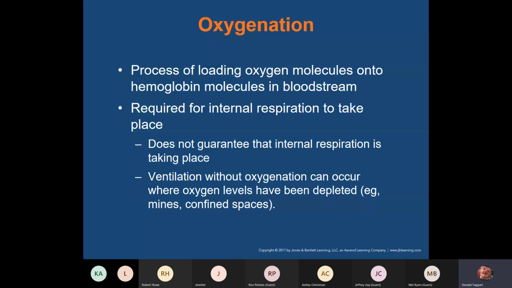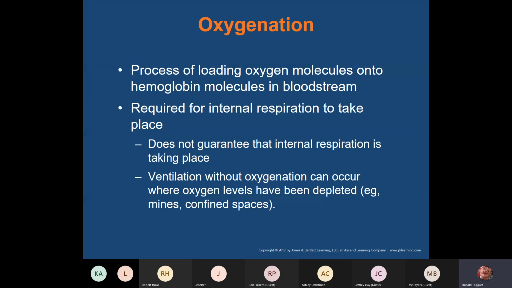I thought that's respiration. Well, at that end, we're trying to oxygenate the cells. And like some of you guys mentioned, with the partial pressures, we can have ventilation without oxygenation because there's no oxygen in what we're trying to breathe.